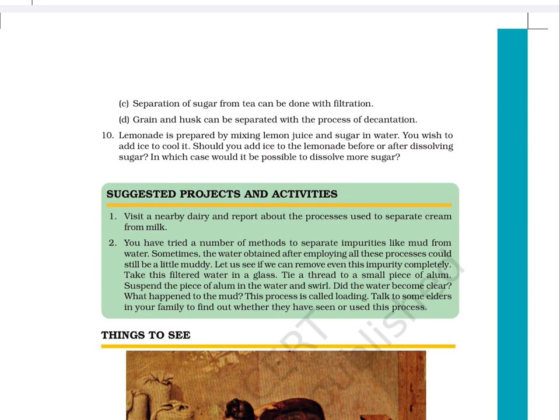D. Grain and husk can be separated with the process of decantation. 10. Lemonade is prepared by mixing lemon juice and sugar in water. You wish to add ice to cool it. Should you add ice to the lemonade before or after dissolving sugar? In which case would it be possible to dissolve more sugar?